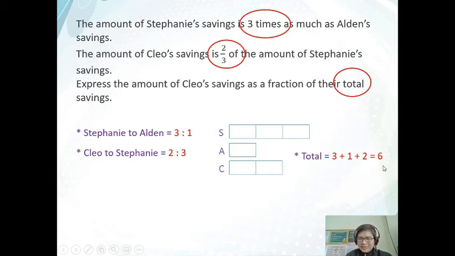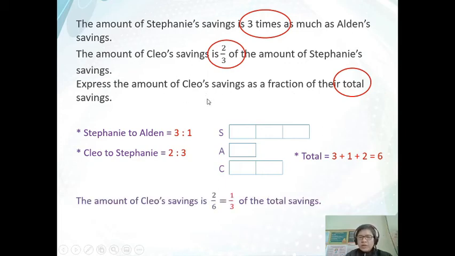So our problem is to express Cleo's saving as a fraction of their total saving. The amount of Cleo's saving is 2 over 6. But remember, since we are writing a fraction, we can simplify it. 2 over 6 is equal to 1 over 3.